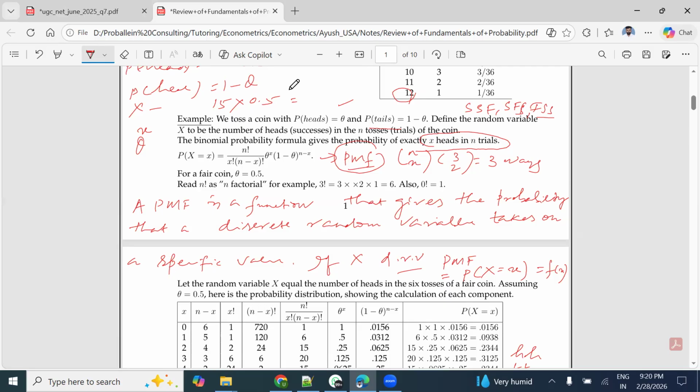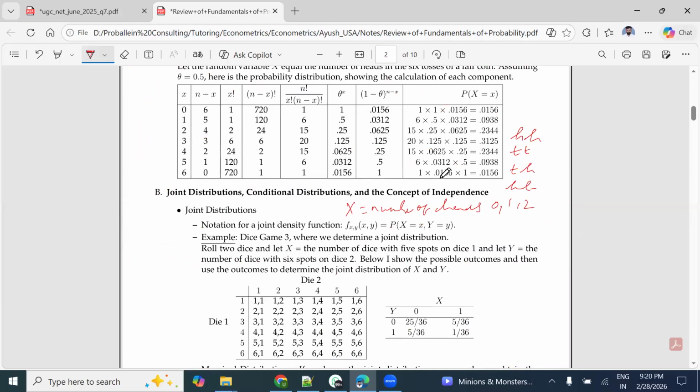How much is it? 7.5. So it looks fair, Madhusudha? So that is what expected value is. I hope it is clear, right?